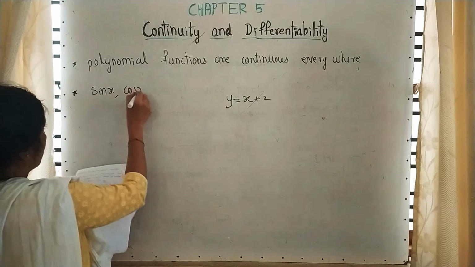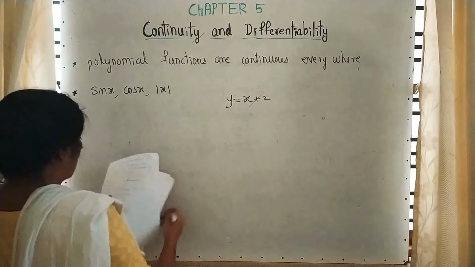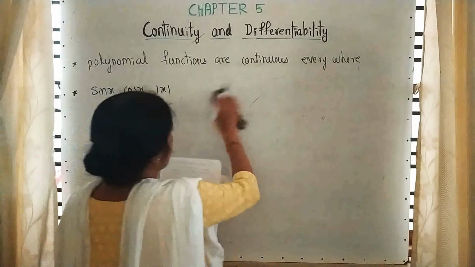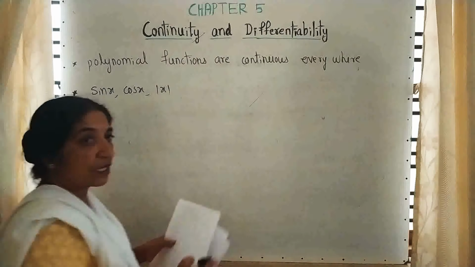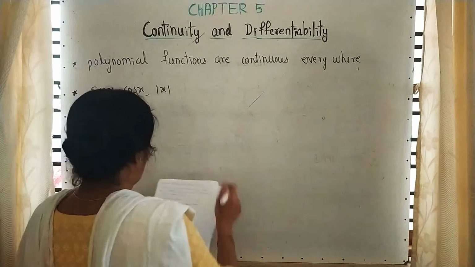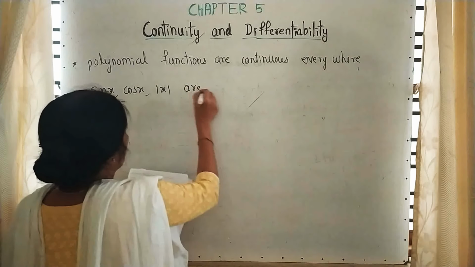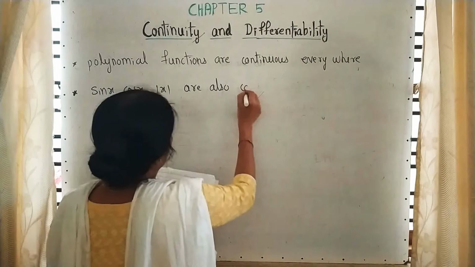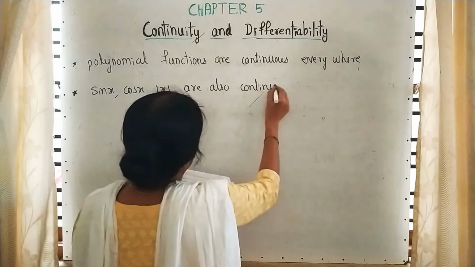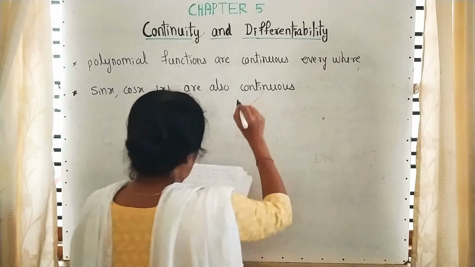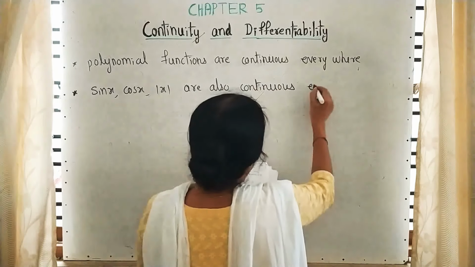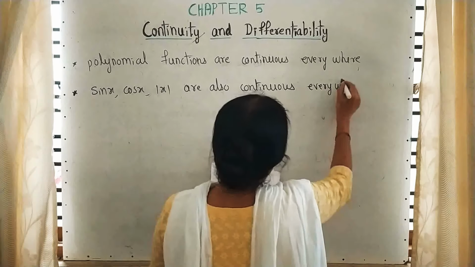Sin x, cos x, mod x. The trigonometric functions are continuous in their domain. Are also continuous everywhere.